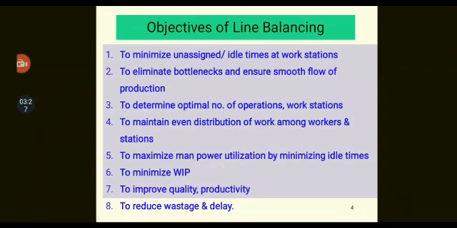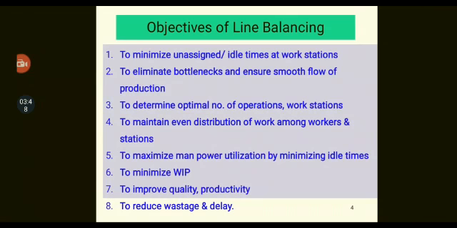And in line balancing, we have objectives. We will go through one by one. First, to minimize unassigned or idle times at workstations.